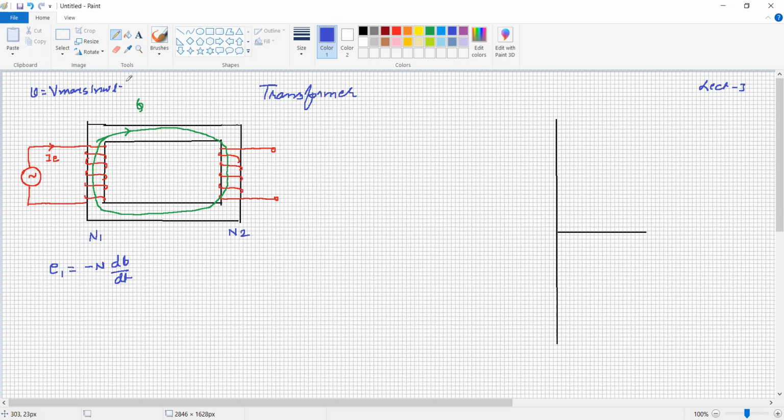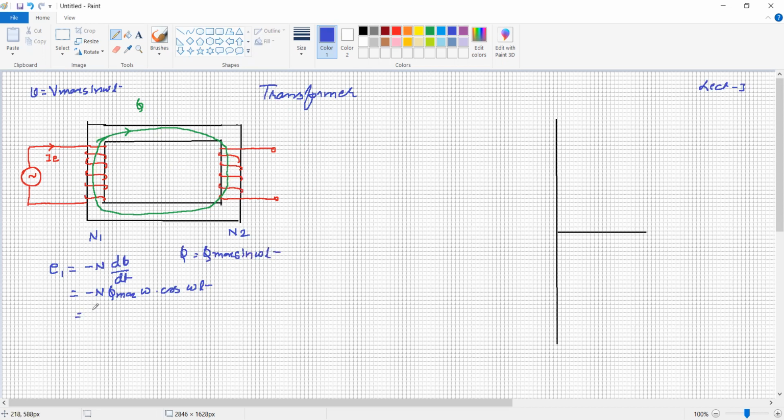Here we found that it is equal to minus N phi maximum omega into cos omega t, because the flux phi is equal to phi maximum sine omega t.